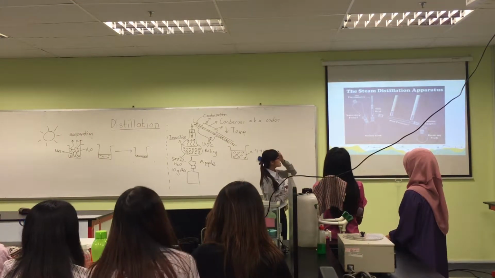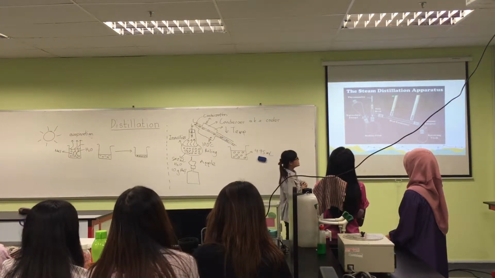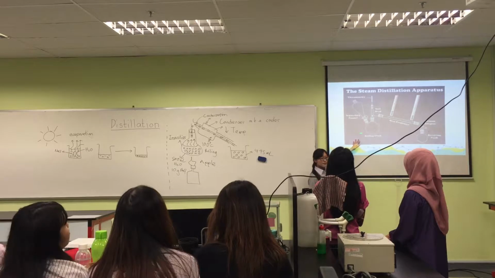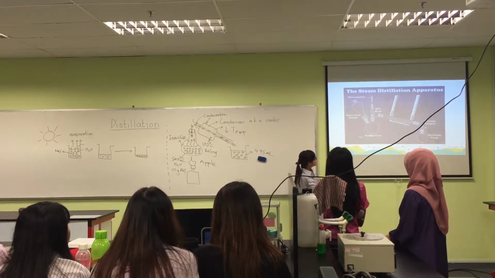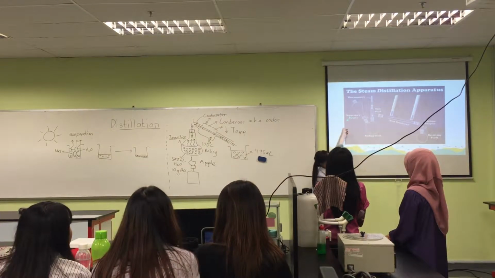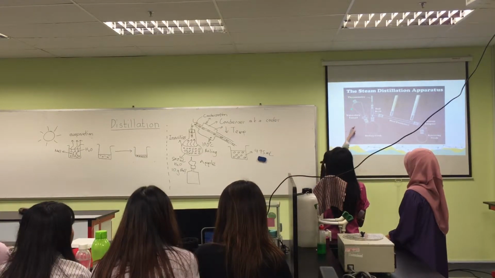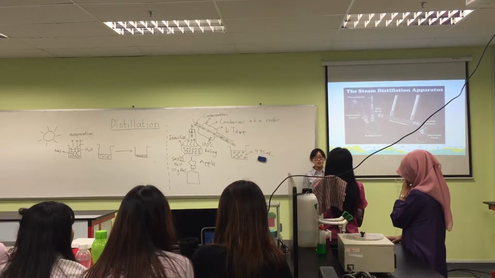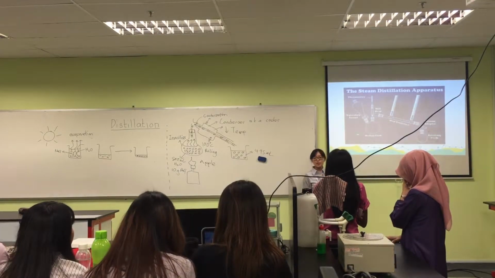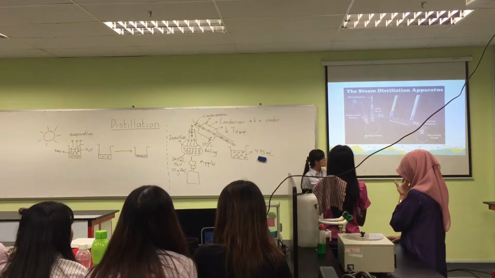This is the experimental setup for steam distillation. The boiling flask is filled with the liquid mixtures, including the things you want to get at the end. The separatory funnel is filled with water, and the water drips into the boiling flask in order to provide a reasonable mixture of water, volatile components, and non-volatile components.